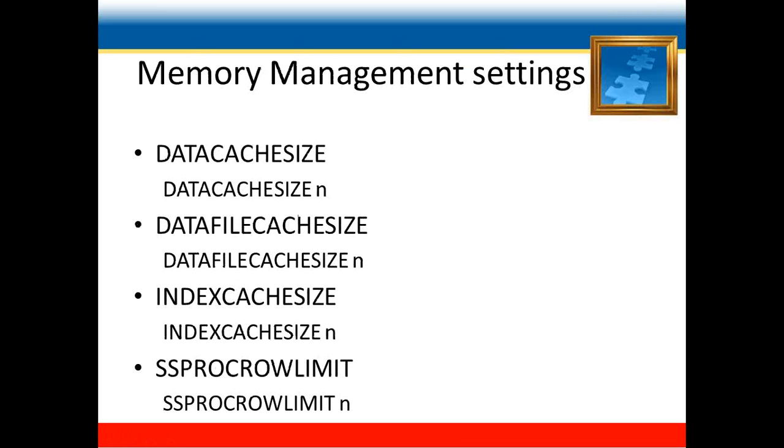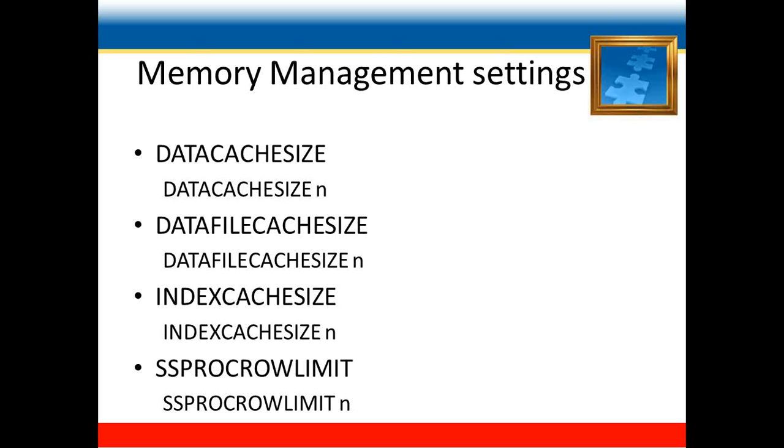Then you can also specify some memory management settings in this configuration file. All these settings can just be followed by the value that you want to provide, so the syntax remains the same for all of them.